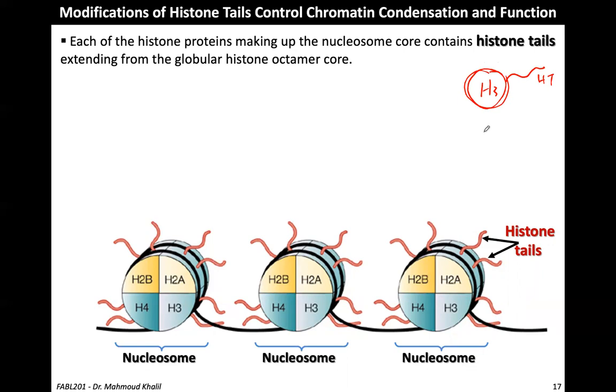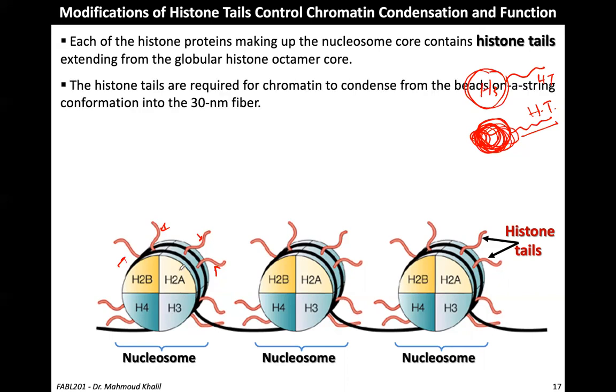Initially it was a primary structure, and this part has been complexed into a globular structure, leaving a part now called the histone tail. So you can see there are 8 tails, representing each molecule of the histone.